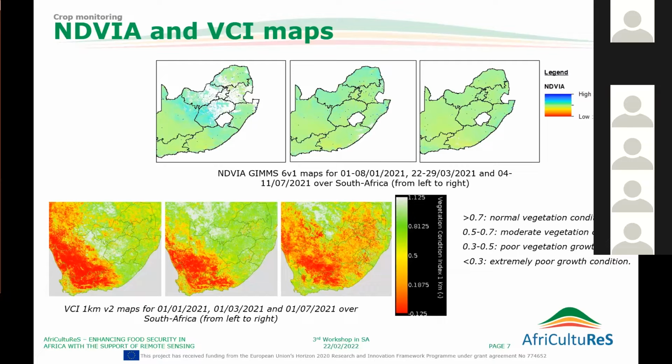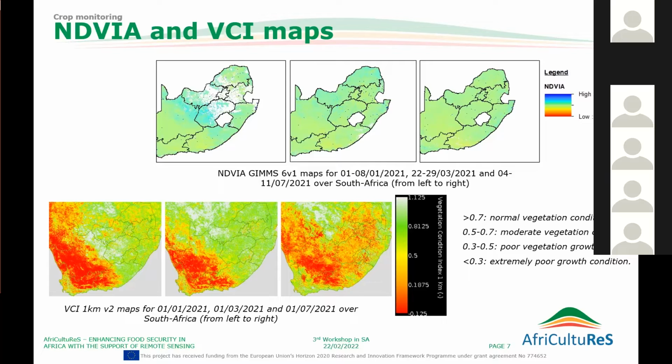We can see here that there is a low vegetation condition in the south part of the country in January, which continued in March, in the middle top. But there was also positive NDVI anomaly in the center part of the country, which covers the east of the Northern Cape and the Free State. But unfortunately, this decreased later in July.